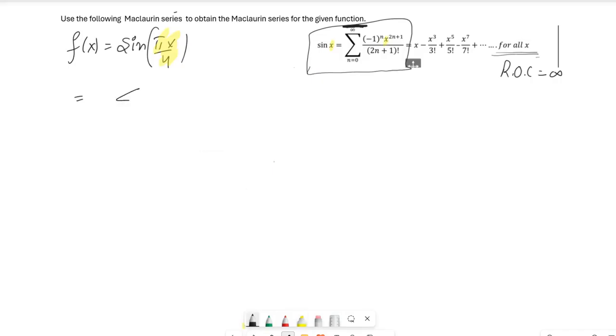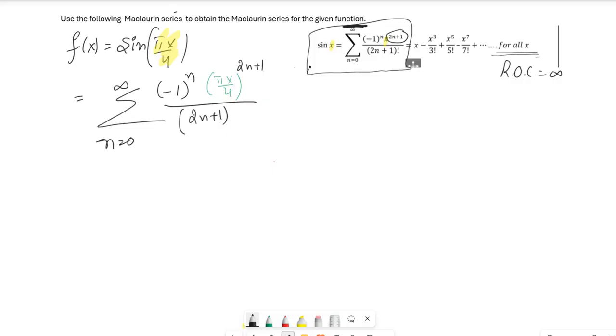So that's going to be sigma n from 0 to infinity, negative 1 power n, pi x by 4 power 2n plus 1, divided by 2n plus 1 factorial. This is true for all x, meaning the radius of convergence is infinity.